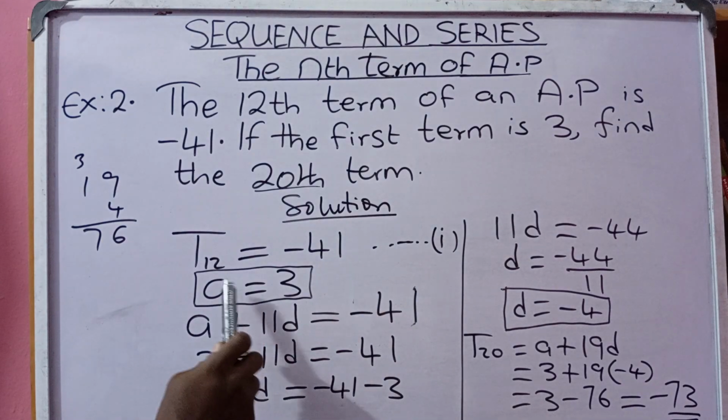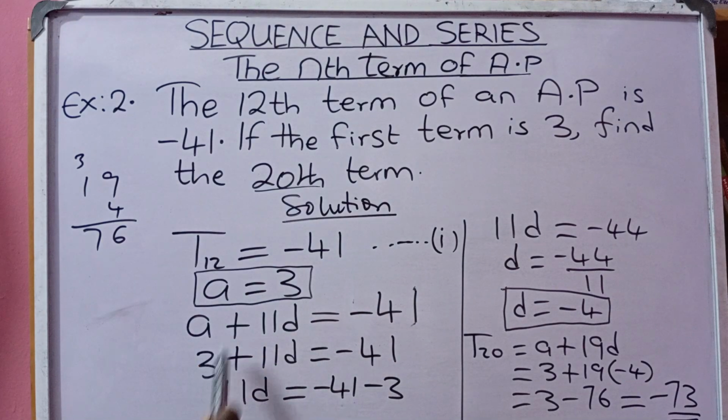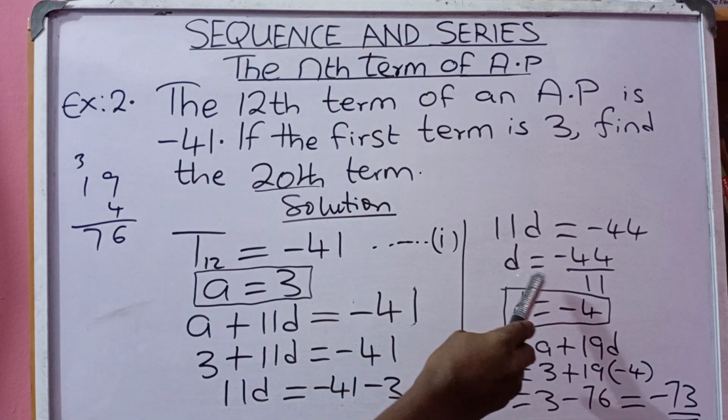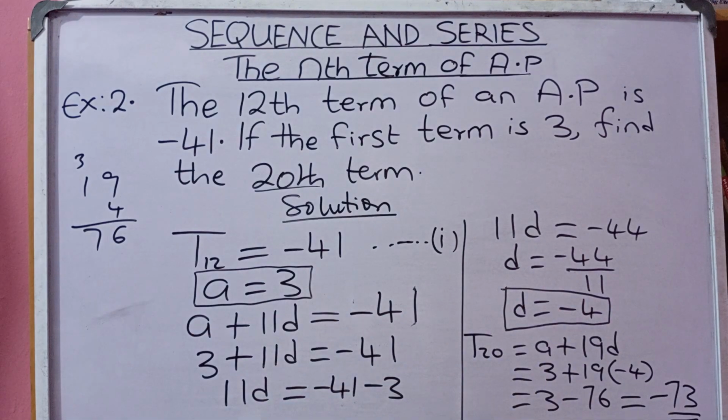We substitute the value 3 for a. Then we end up having common difference as minus 4. Then they ask us to find the 20th term, and the formula for the 20th term will be a plus 19d. And when you do that, you have minus 73 as the answer.